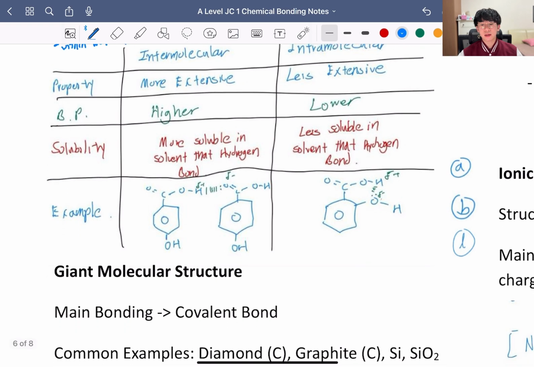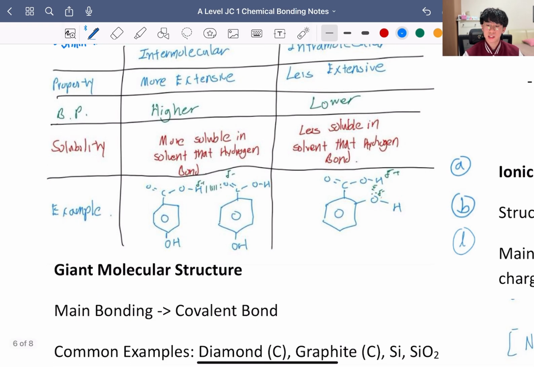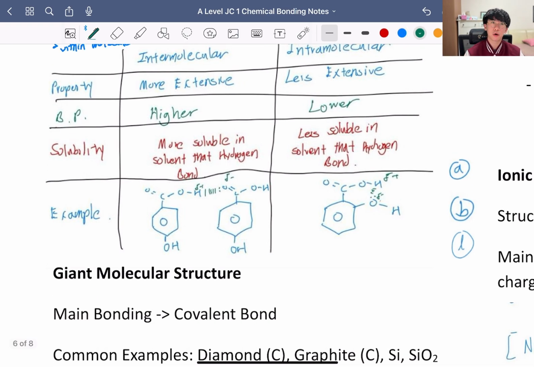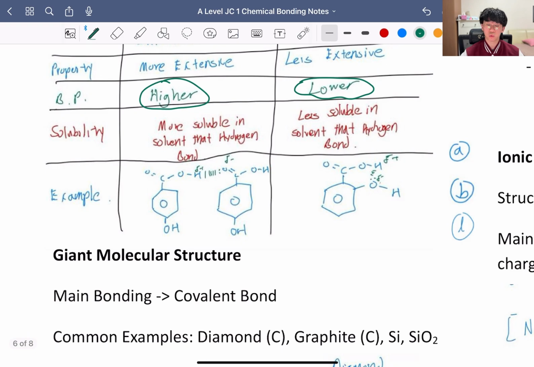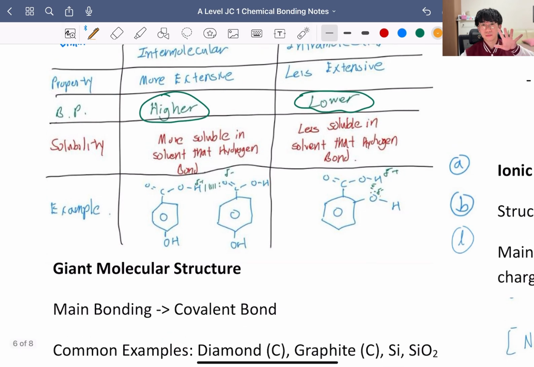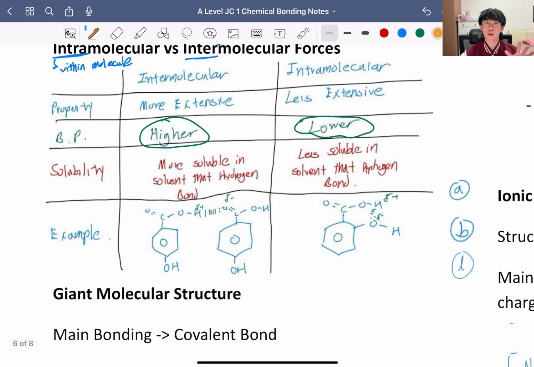And because of that, if a molecule is capable of intermolecular forces, it tends to have a higher BP than something that's intramolecular. And for solubility, if you're talking about solubility in water, for example, those capable of intermolecular forces are more soluble because they can interact with the solvent molecules, like water molecules.